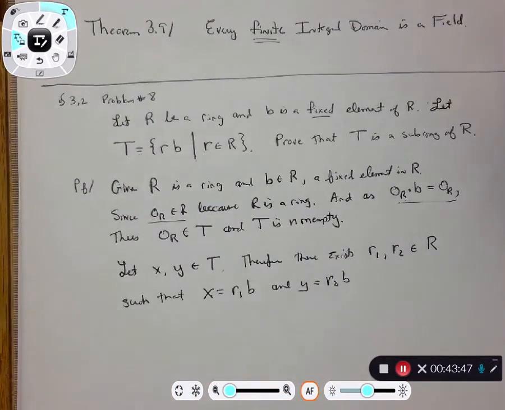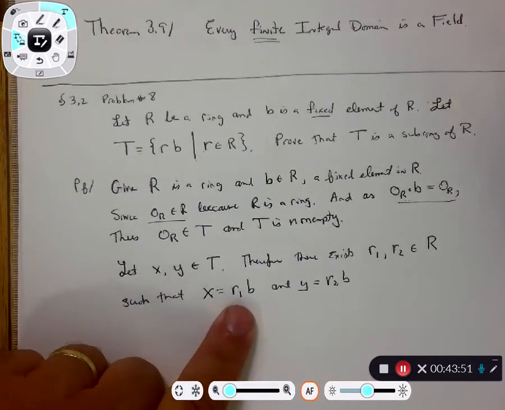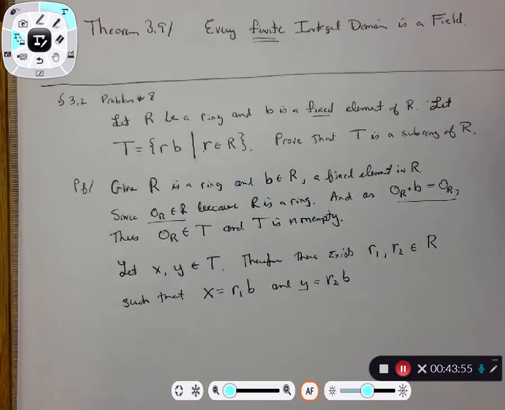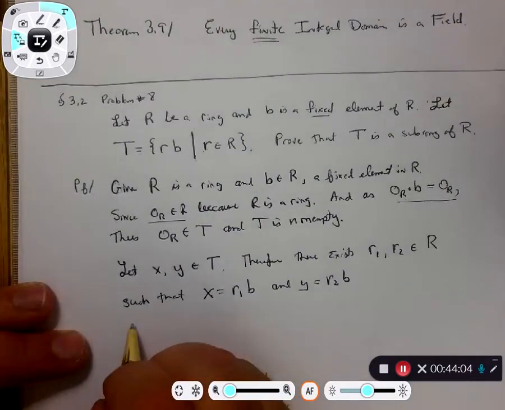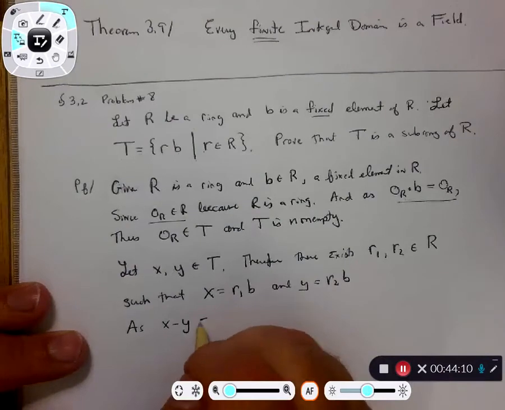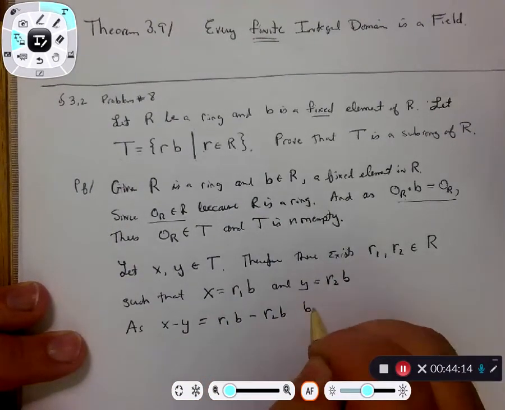It's got to look the exact same way, but I don't know what the coefficient element is going to be, so I call them R1 and R2, but they're all going to be times B, the multiples of B. Okay? I want to talk about closure under subtraction. Well, here we go. As X minus Y, there's my subtraction. This would be equal to R1 times B minus R2 times B by substitution.